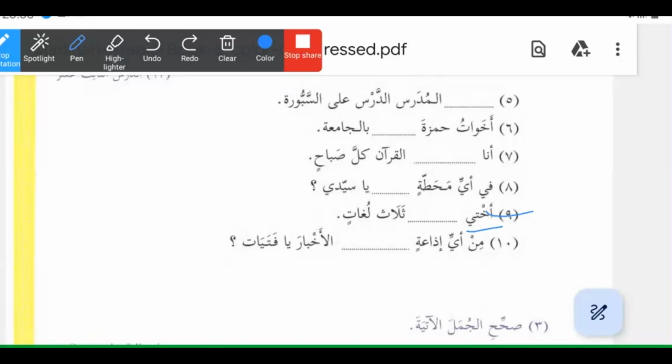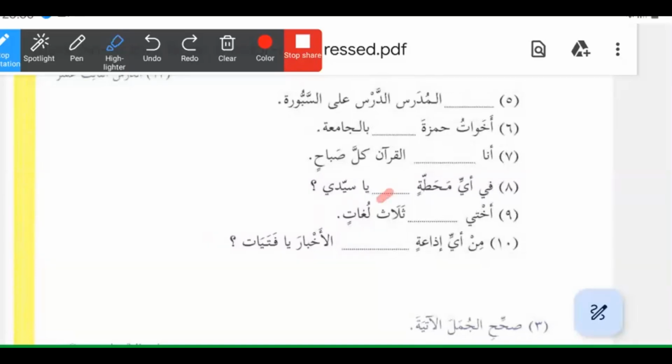So it will come as ukhti ta'rifu, because she is third person. Ukhti ta'rifu thalatha lughatin. My sister knows three languages. Thalatha is the maful bihi.